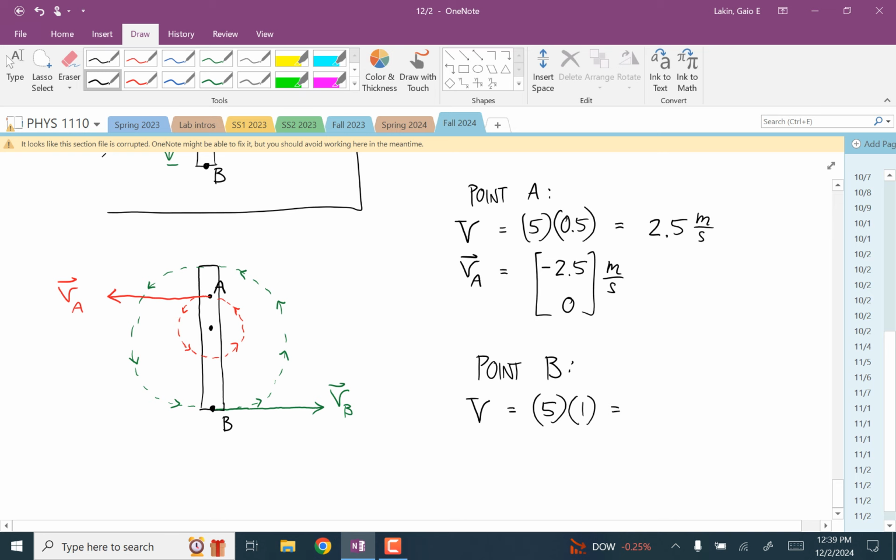So this point is moving at 5 meters per second. From the picture, we figured out that the direction of the velocity vector is in the positive x. So our velocity vector at point B is 5, 0.